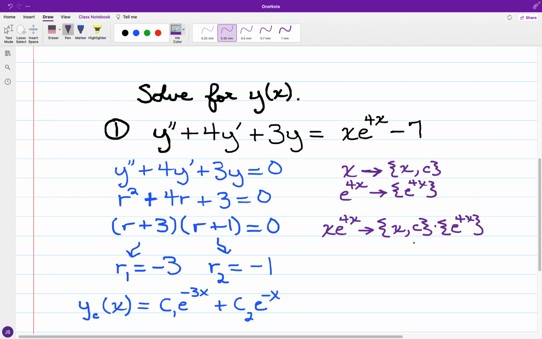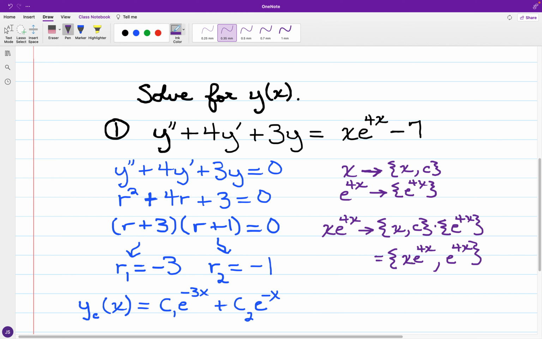In a sense, distributing, you have x and c multiplying e to the 4x, and putting it in diminutive terms, we have x times e to the 4x and a constant times e to the 4x, so again, e raised to the 4x.